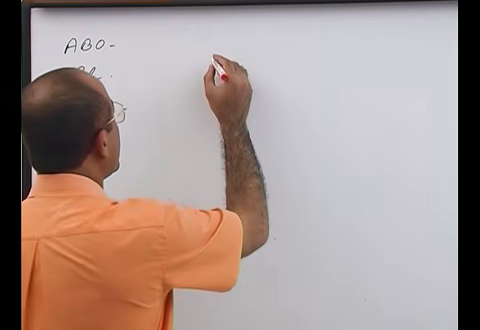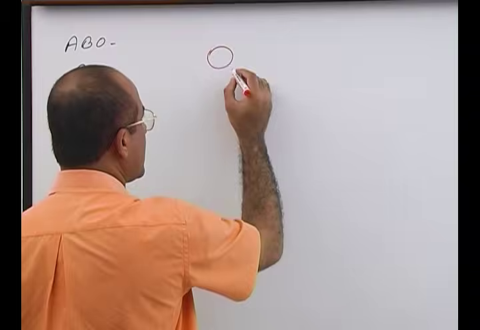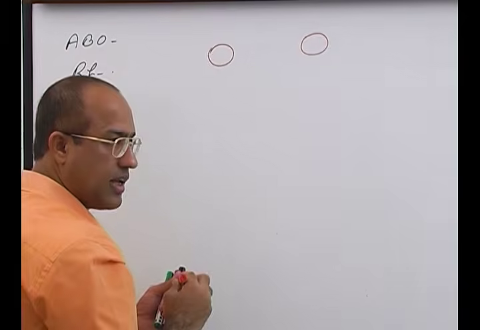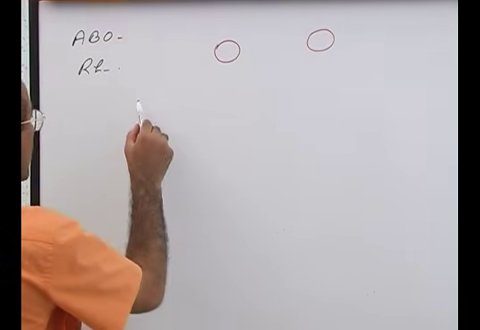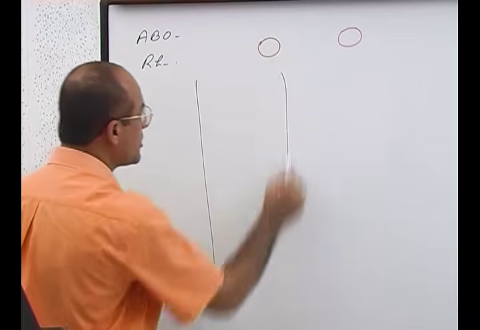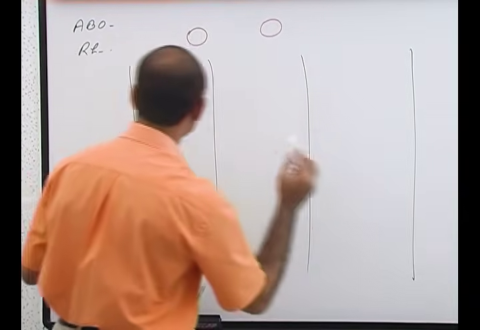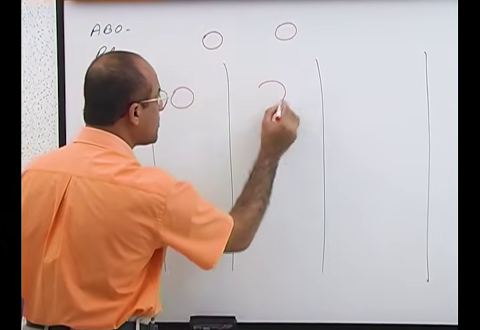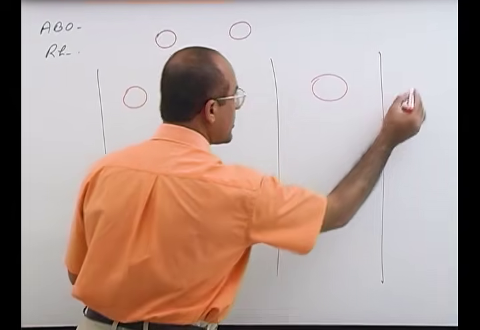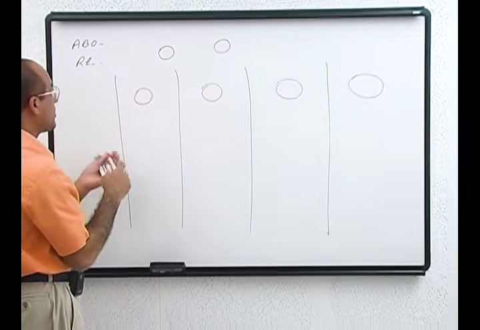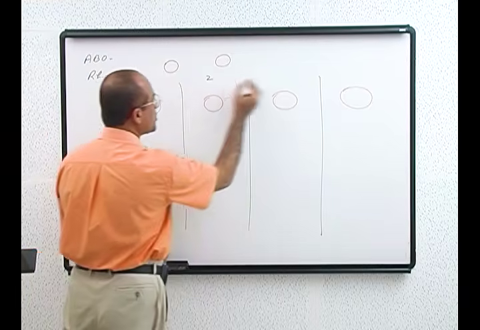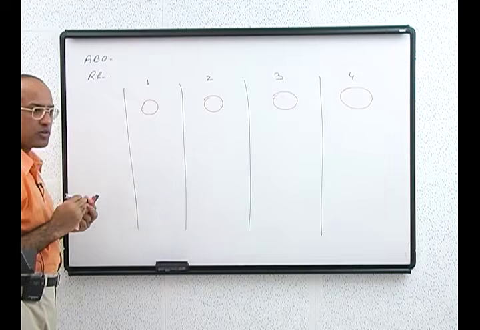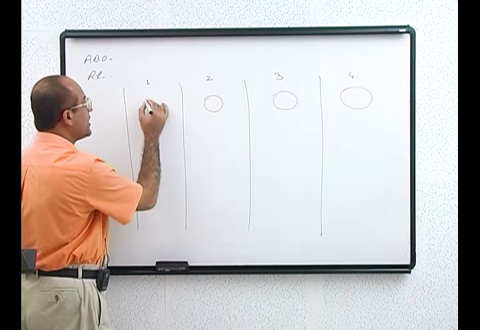Actually, on the RBC surface, different people express different antigens. Some people express, okay, I will make a full chart here. Some people on the RBC surface only express A antigen, and some people express only B antigens. Let's suppose these are 4 different persons. Person number 1, person number 2, person number 3, person number 4. Now, person number 1 on his RBCs is expressing only A antigen.